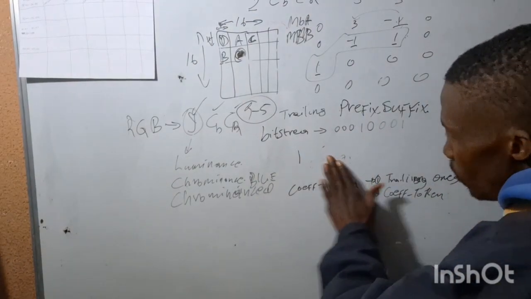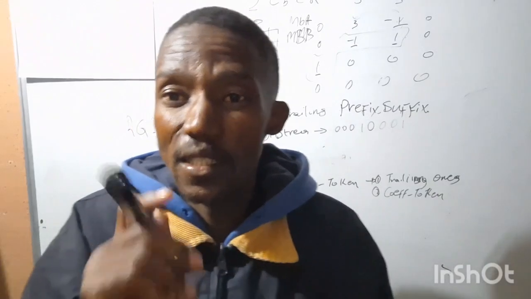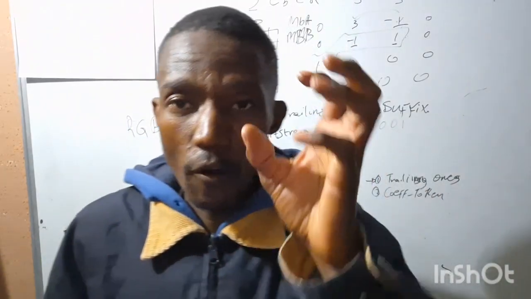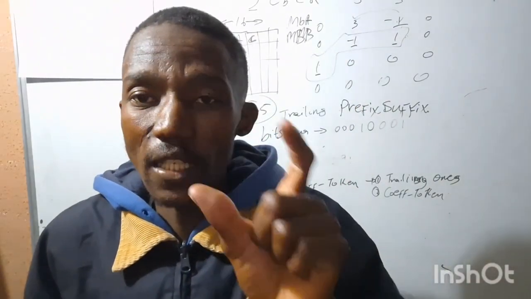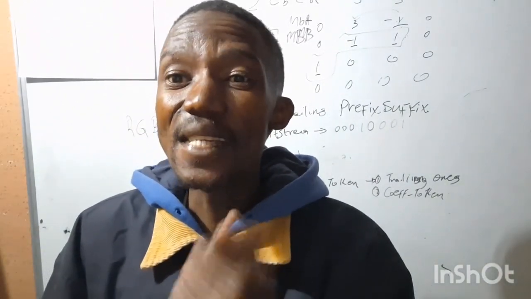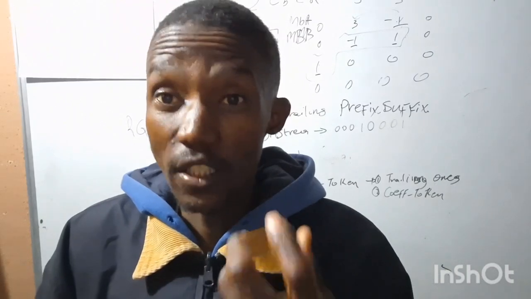Now, the suffix part is going to be a series of ones and zeros. The suffix part is also going to contain a bit that will define the sign of the level that you are trying to encode.